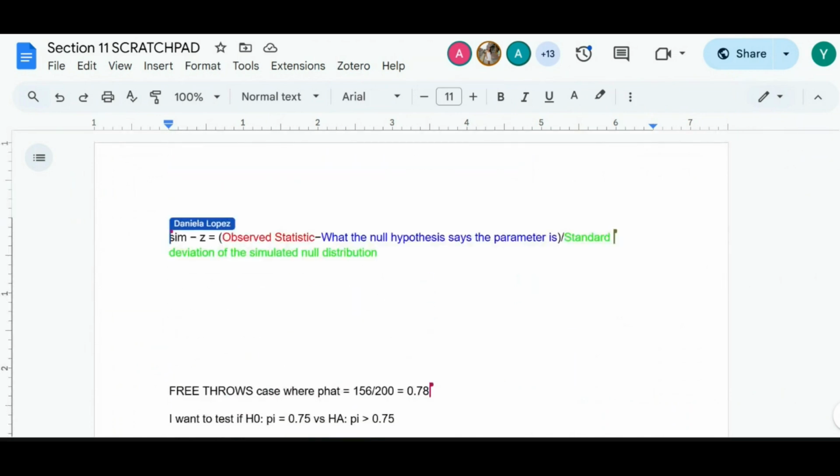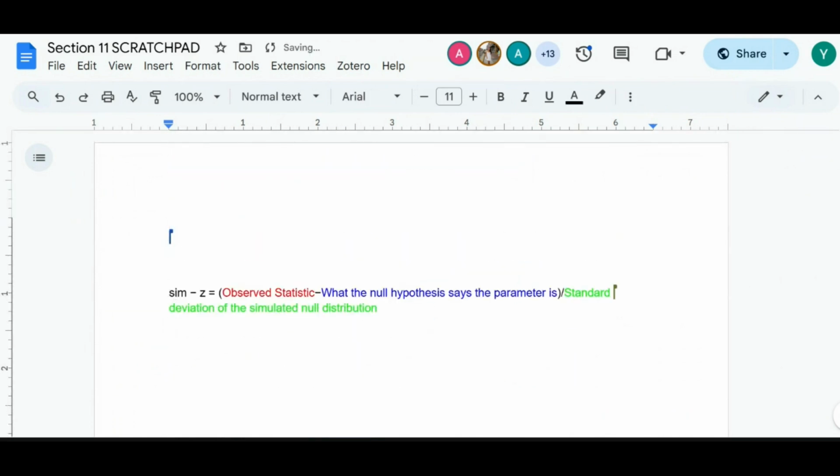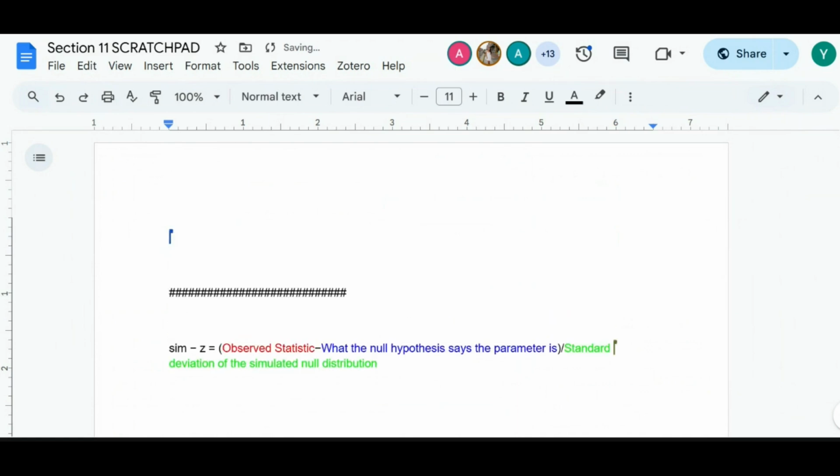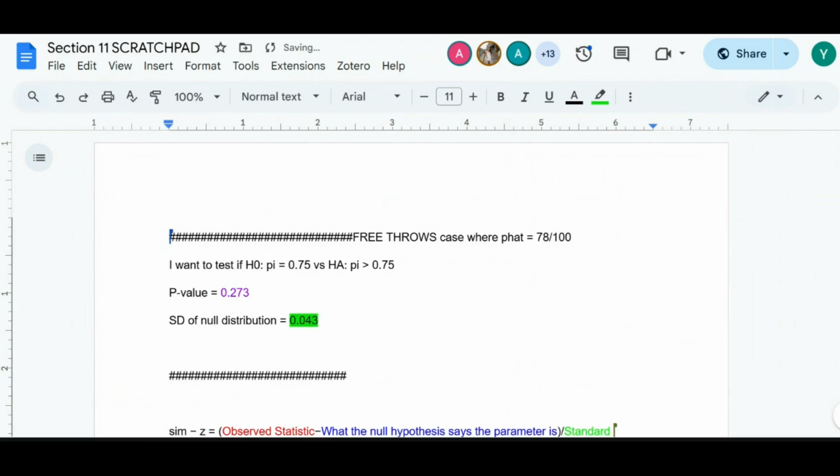It's Senate races, and the case where p hat is 23 out of 32. You want to test whether pi is 0.5 versus whether pi is more than 0.5.